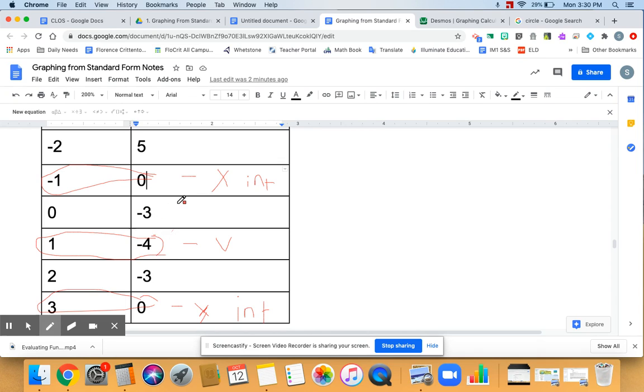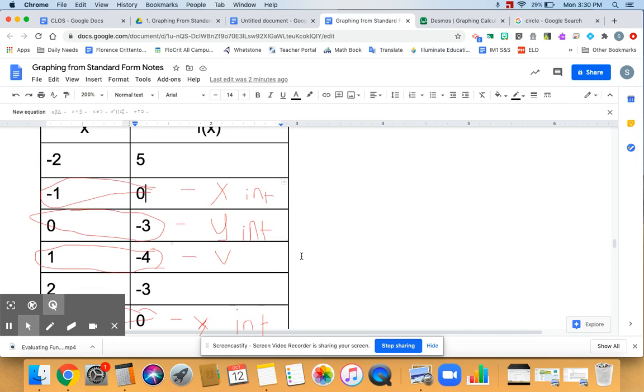And then finally, my y-intercept is where x is 0, so it's this one right here. So if my table has all 4 points I need, the 2 x-intercepts, the y-intercept, and the vertex, then I can graph it and I know I have a good graph. But I need to have all 4 of these points.